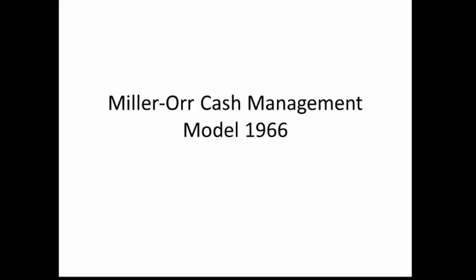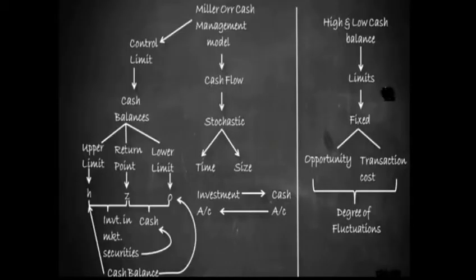Now another most important topic of this chapter is the Miller Orr or cash management model. This model is basically used to find the optimum cash balance when the cash flow is stochastic. So why is the Miller Orr model being used?